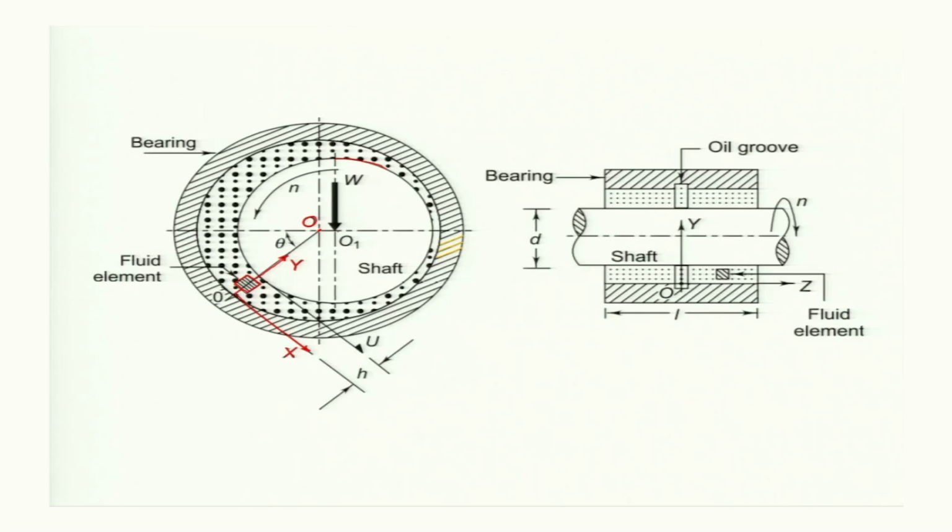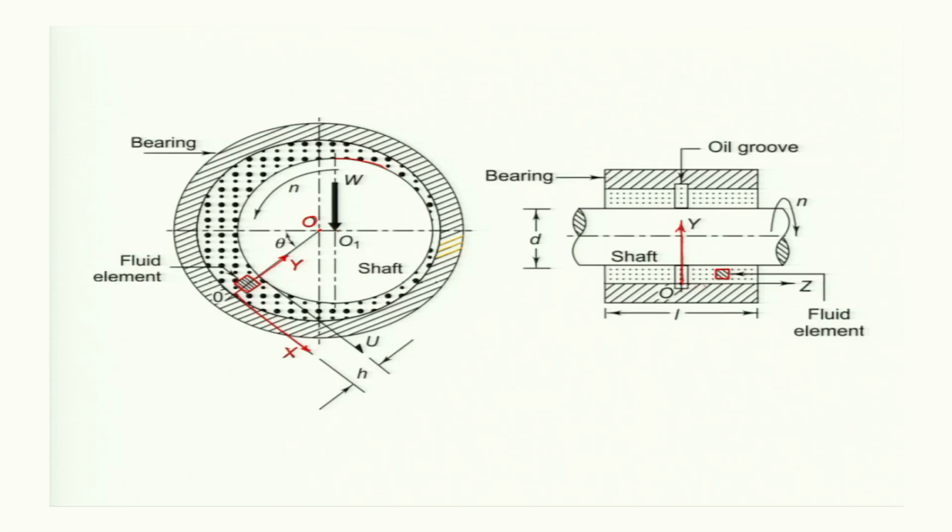Now, this is the side view of the bearing, and it is a sectional view. The hashed part is the bearing, the oil hole is there, and this is the shaft. And there will be eccentricity between the journal center and the bearing center. This is the fluid element, and radial direction is y.